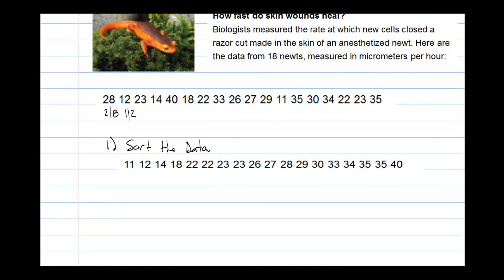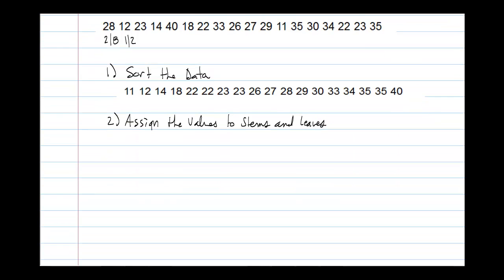The second thing that we'll want to do is assign the values to stems and leaves. Now after we assign the values to stems and leaves, they're already going to be in order, and I can produce my stem and leaf plot.